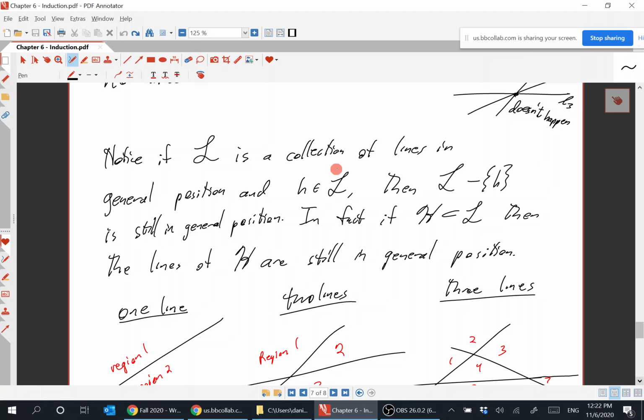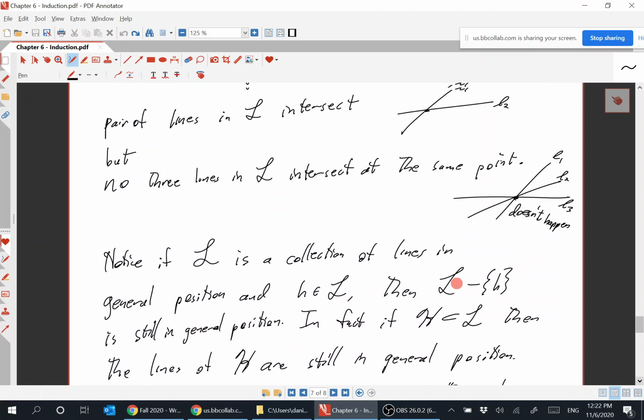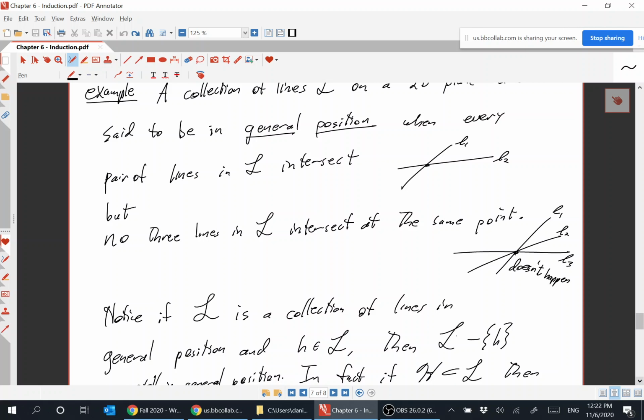If you have a bunch of lines in general position and you take away one line, it's still in general position. What defines general position is something that pertains to all lines.